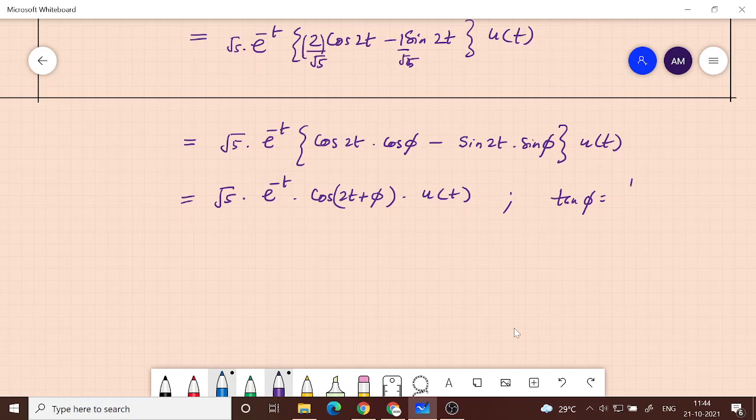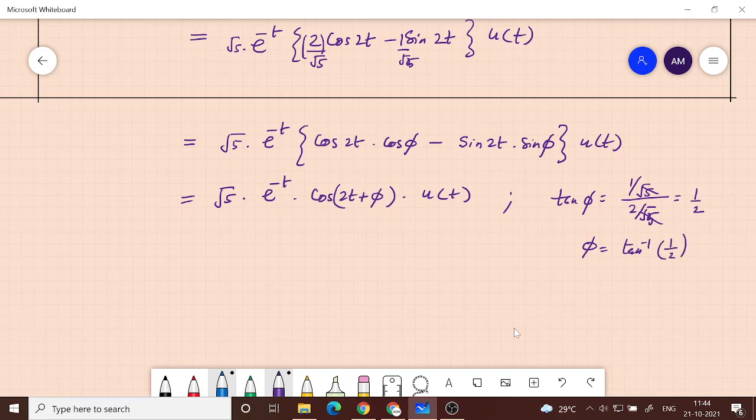Sin phi is what? 1 by root 5, and cos phi is what? Cos phi was 2 by root 5. So there is a good cancellation here, so it is 1 by 2. So phi is tan inverse 1 by 2.